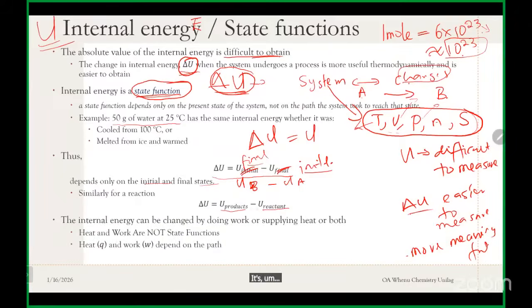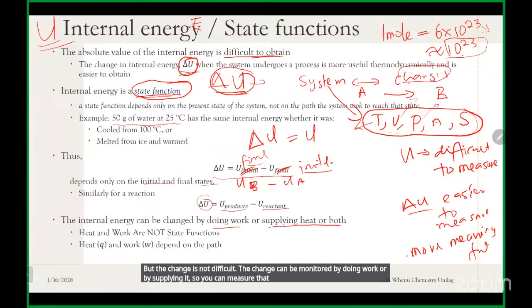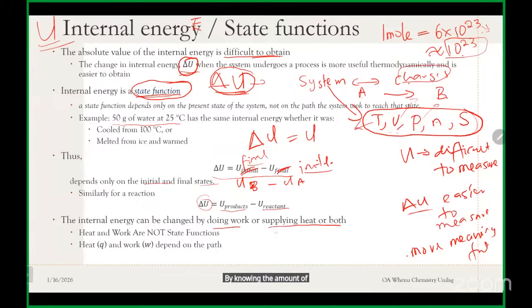Like we said, internal energy is difficult to measure, but the change is not difficult. The change can be monitored by doing work or by supplying heat. So you can measure it by knowing the amount of work done, and you need to know the type of work done too, because that matters. Why? Because heat and work are not state functions. They depend on how the state was achieved.